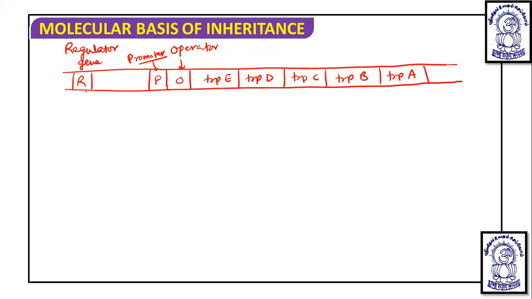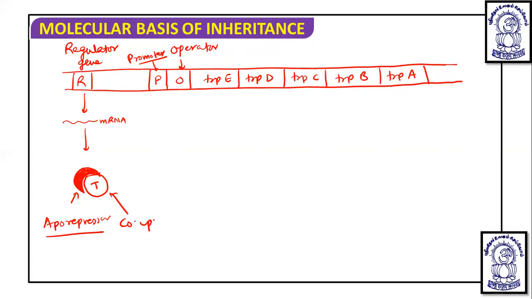Now the regulatory gene is going to form an mRNA, and the mRNA is going to form this aporepressor. When tryptophan binds with this, it is known as a co-repressor. So the aporepressor and co-repressor combined are known as the active repressor.